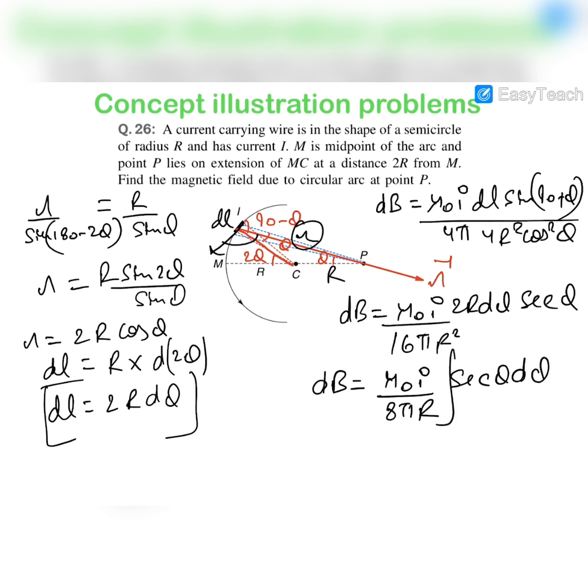The limit of this angle theta will be, you can see that obviously the variable is theta, and at this point if we find out the value of theta, so the limit of 2 theta will be from minus pi by 2 to pi by 2.